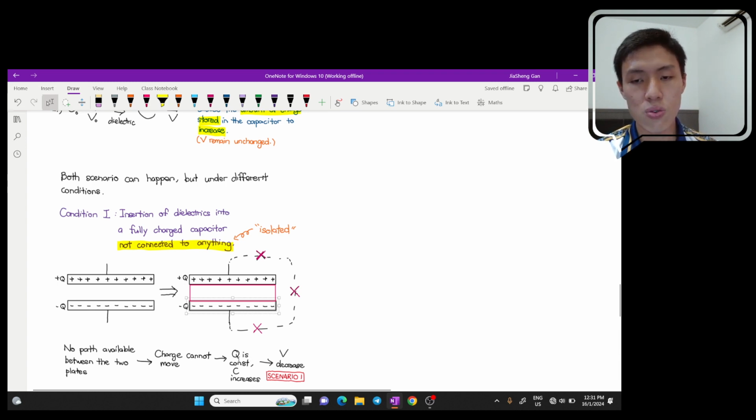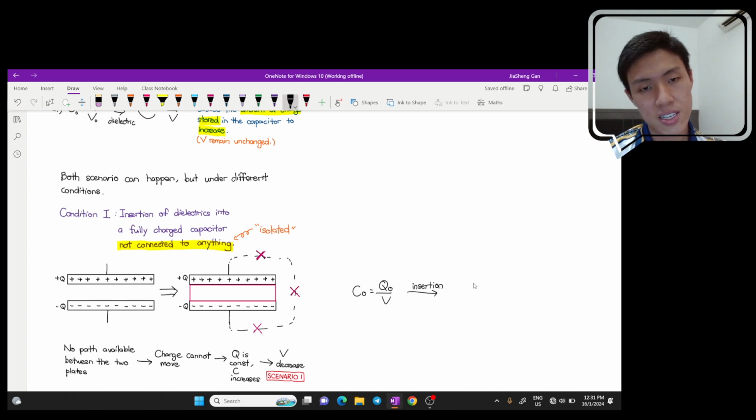So if Q is the one that is constant, and we know that insertion of a dielectric causes an increase in C, that will be, initially you have C naught equals Q naught over V, but now because of your insertion of the dielectric, you know that your capacitance increases, capacitance gets to a larger value, but you know that your charge stored cannot make any changes.